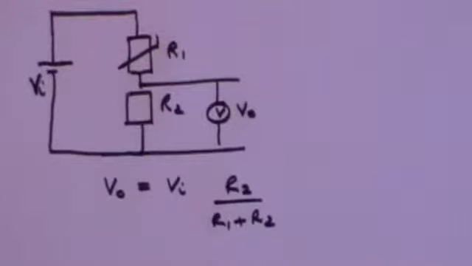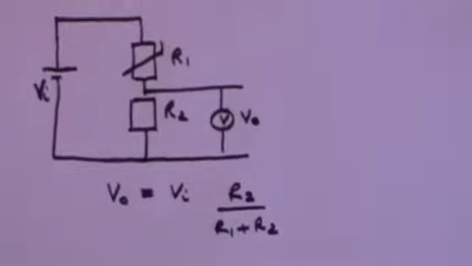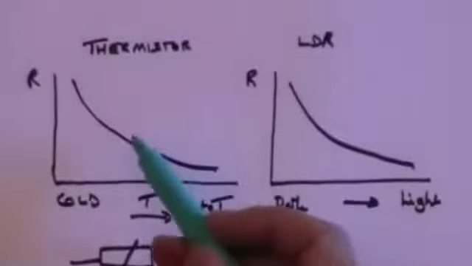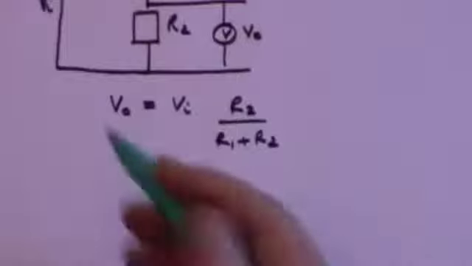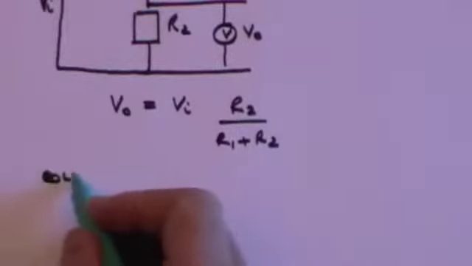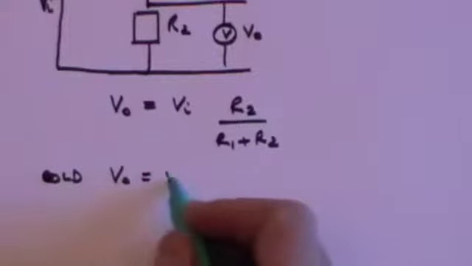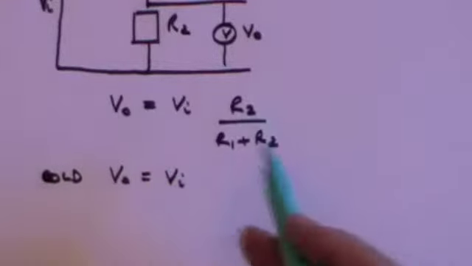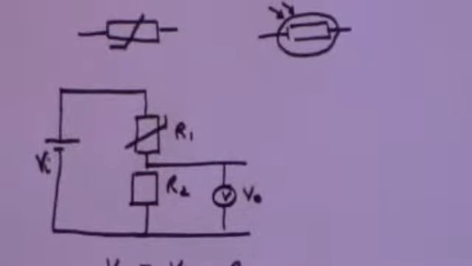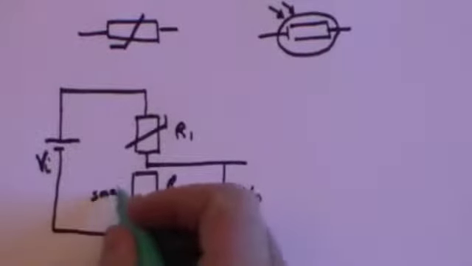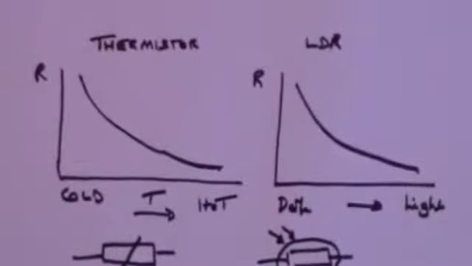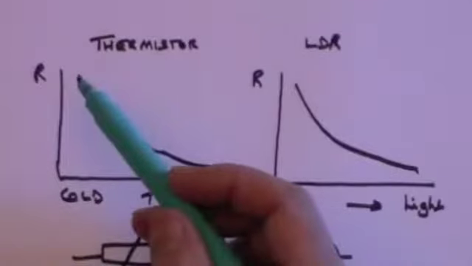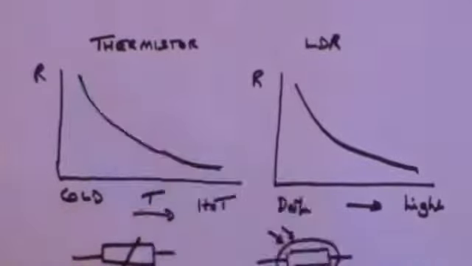Let's look and see what that output voltage will depend on. Since we've got a thermistor in the circuit, it's this graph we're going to be looking at, whether it's cold or hot. We'll start off with it cold. If it's cold, V out will be V in times R2 over R1 plus R2. R2 is set at a reasonably small resistance. If it's cold, R1, the thermistor, will be a very high resistance.